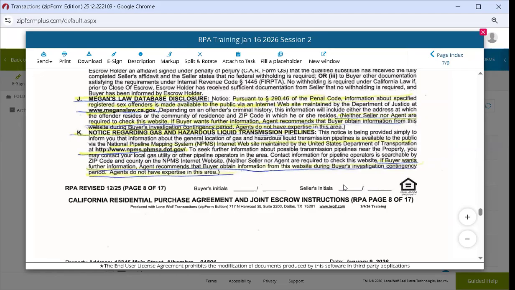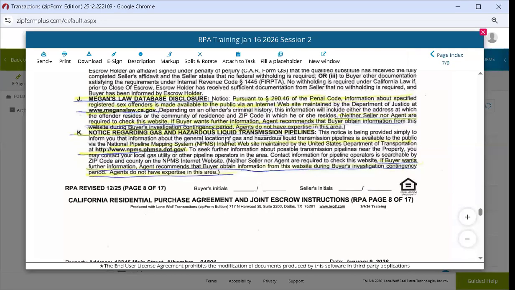And it says right here, if the buyer wants further information on this, the agent recommends that the buyer obtain the information from the website during their inspection contingency, okay? So these are two websites that are the buyer's responsibility to check. They will not know that these are there unless we tell them. So you can tell them they can look at these websites if they have questions on these particular line items, okay? This is if we're representing the seller or the buyer?